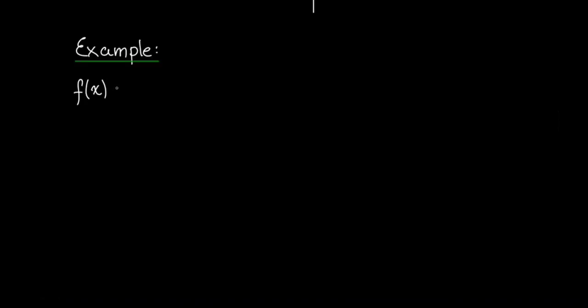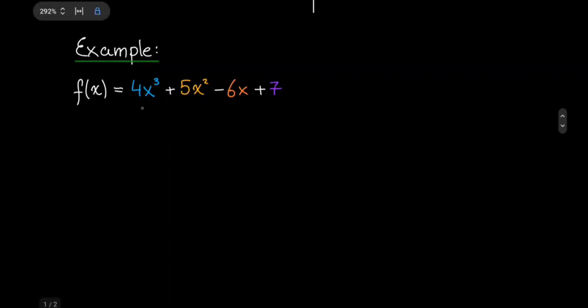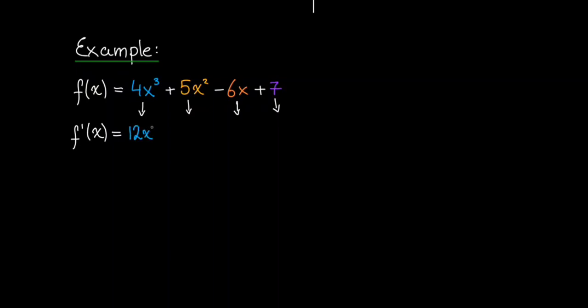As an example, I'm going to use f of x equals 4x to the power of 3 plus 5x squared minus 6x plus 7. Luckily for us, in differentiation, adding and subtracting components does not complicate our calculation. We can just compute all of these derivatives separately and then add them or subtract them. The derivative of 4x to the power of 3 would just be 12x squared.